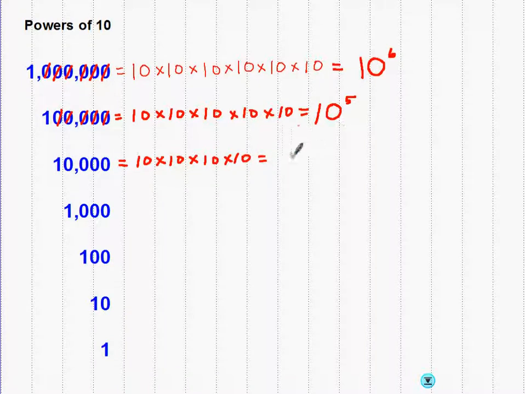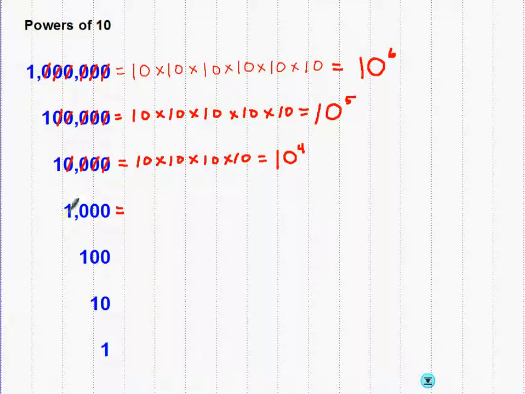And then writing that as an exponent, it would be 10 to the power of 4. That simply means 10 times itself 4 times. And again, looking at our pattern, this exponent, this power, will always, in a power of 10 number, be equal to the number of zeros.